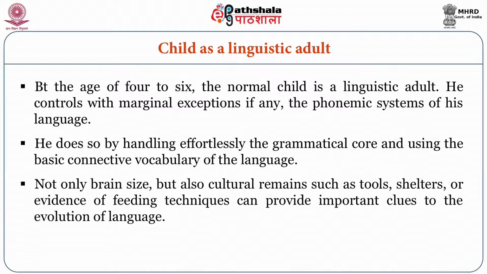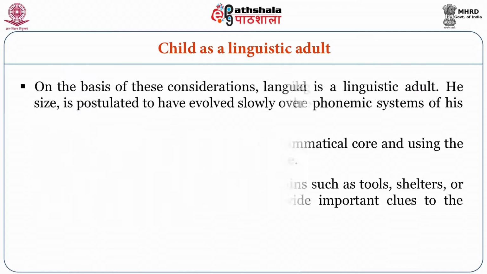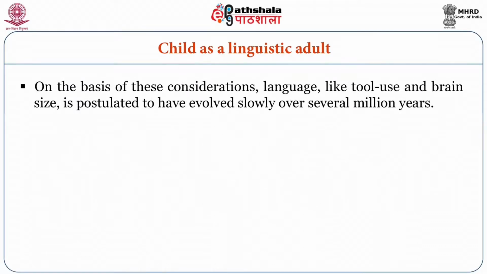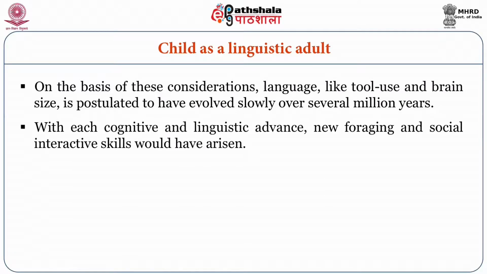Not only brain size, but also cultural remains such as tools, shelters, or evidence of feeding techniques can provide important clues to the evolution of language. On the basis of these considerations, language, like tool use and brain size, is postulated to have evolved slowly over several million years. With each cognitive and linguistic advance, new foraging and social interactive skills would have arisen.